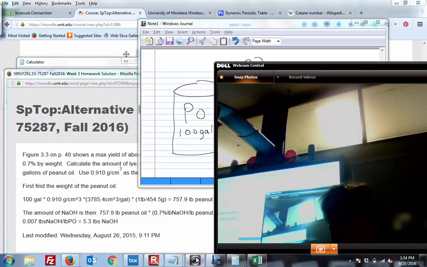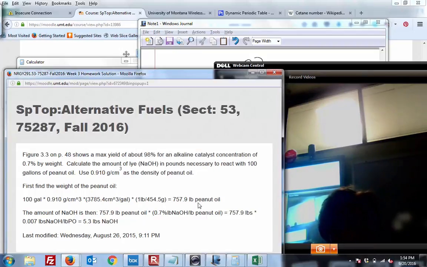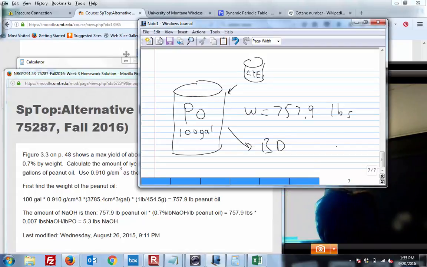So the sweet spot is right there at 0.7%, and the problem states that's by weight, not by volume. So we first had to convert the 100 gallons to a weight. Then how many pounds of lye do we put in?